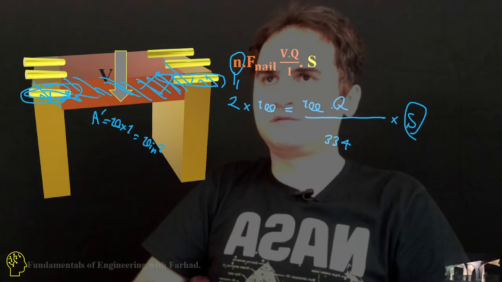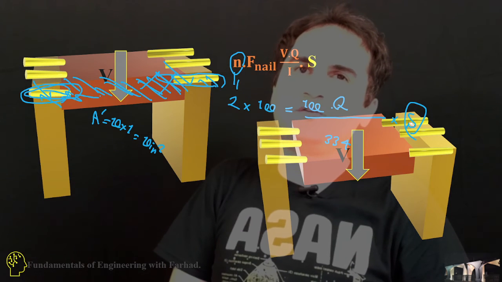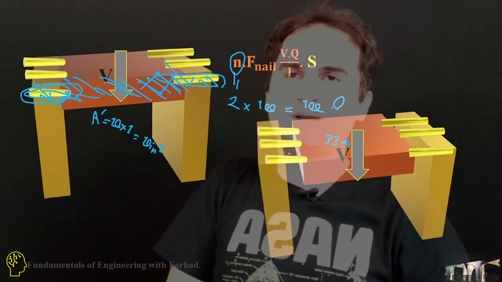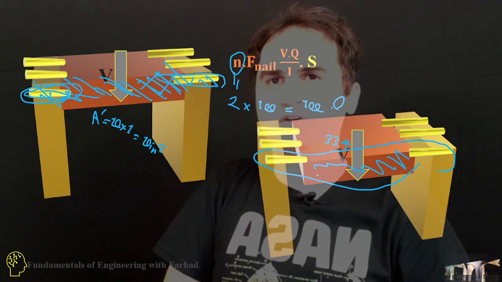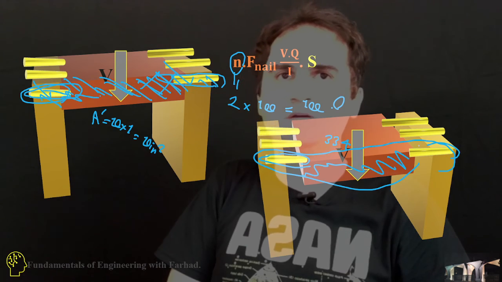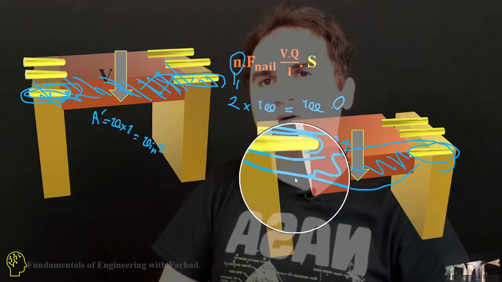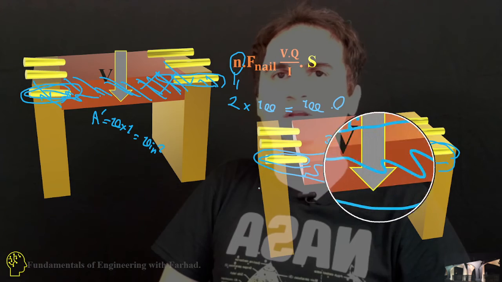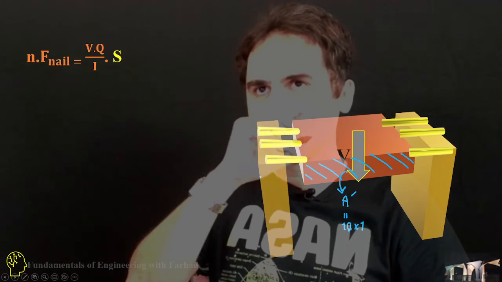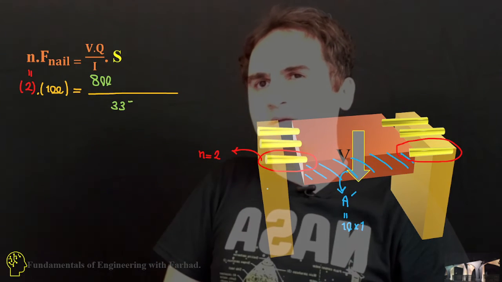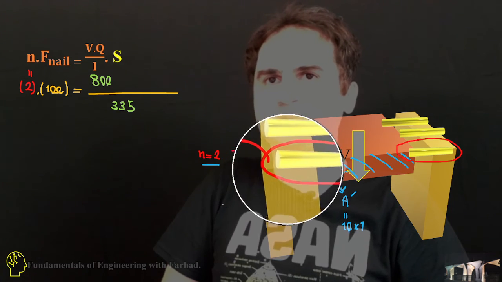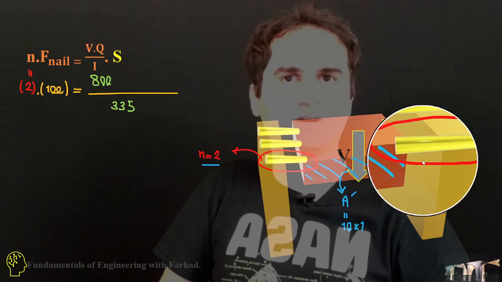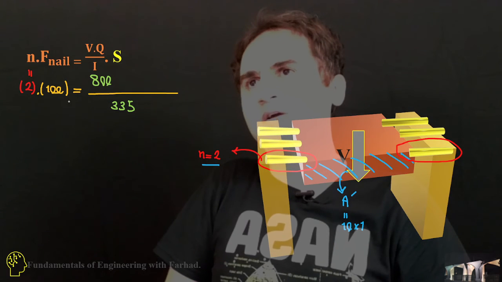If you do so, it gives you a separation like this again. This is our cross-sectional area, and two of the nails are holding the top part. This time the number is 2 because again two of them are holding our structure, one at the left side, the other at the right side, and this is our area.